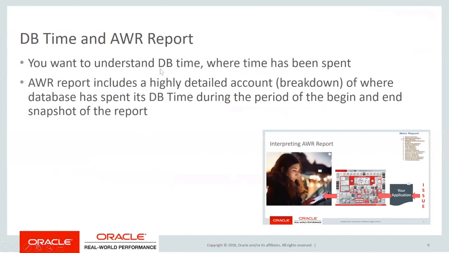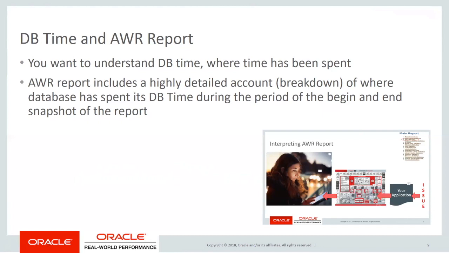Now, you want to understand the database time during the time period that the AWR report is reporting upon, because that is telling you where the database has been spending its time. And an AWR report includes a highly detailed account breakdown of where the database has spent this database time.